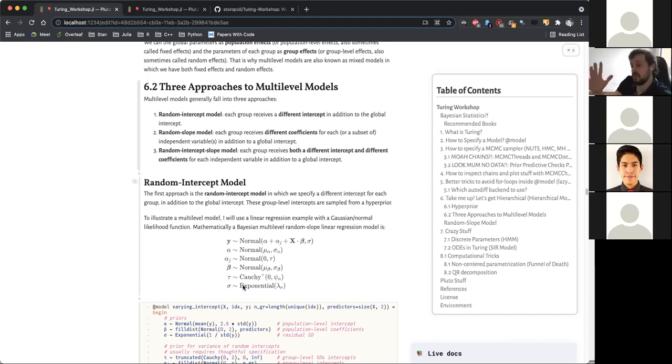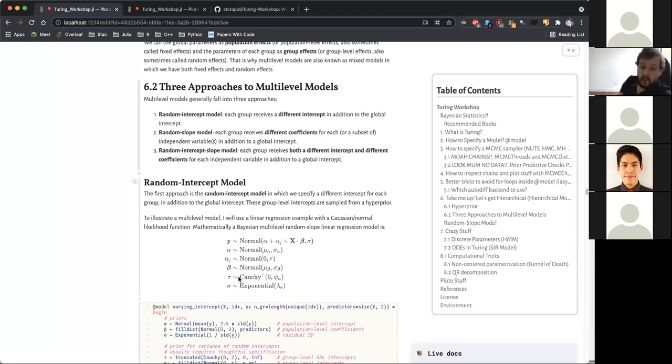But we want those errors to be concentrated around zero. So we give something like an exponential or a log normal or a truncated Cauchy with only positive values. Exponential is interesting because it only has domain in the positive real numbers, so it will always be positive. So we will specify something here, a lambda parameter for the sigma.